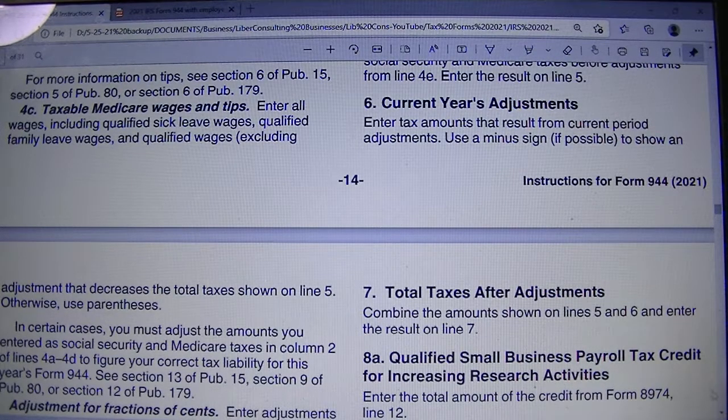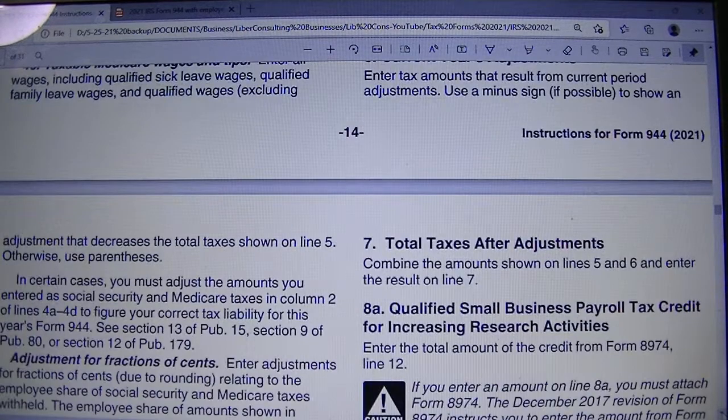What I like to do, and I will suggest, is you complete your 944 and then you save it on your computer, and you file W-2, W-3 with SSA, Social Security Administration, to make sure your dollar amounts match.